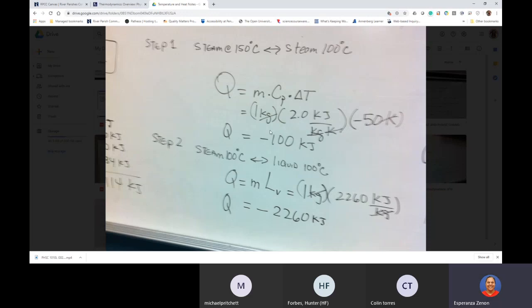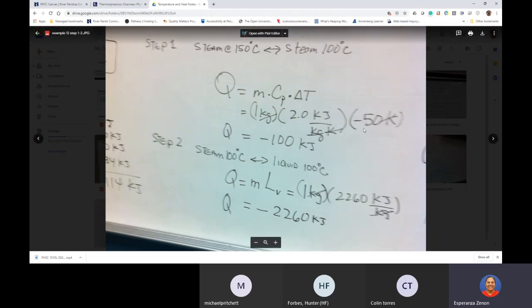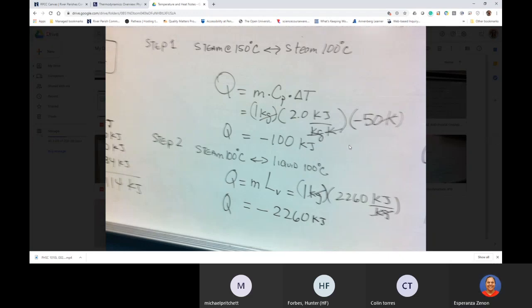When we multiply 1 times 2 times negative 50, we get negative 100 kilojoules, because the kilograms cancel and the Kelvin cancels. Because Q is negative, if I remove 100 kilojoules of heat from this steam, it is going to cool down from 150 degrees Celsius to 100 degrees Celsius.